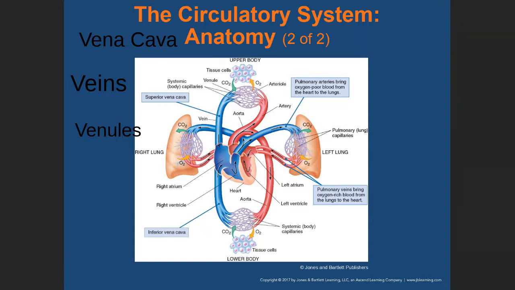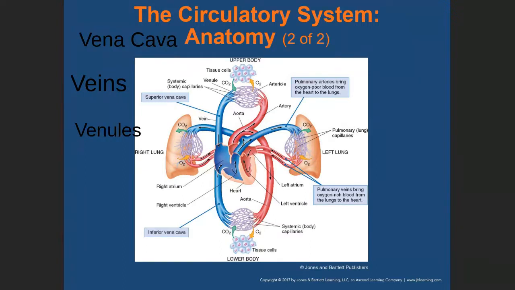That's why it has that blue color. The blood on the left side of the circulatory system is oxygenated blood, right? So the right side of the heart transports deoxygenated blood, and the left side transports oxygenated blood. It's important to note that.